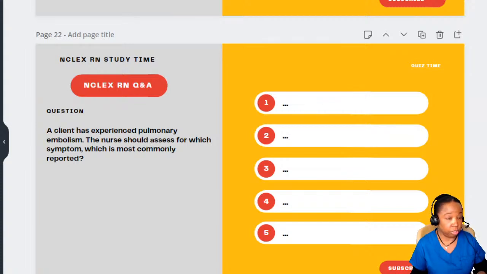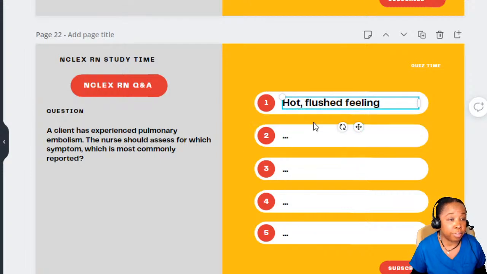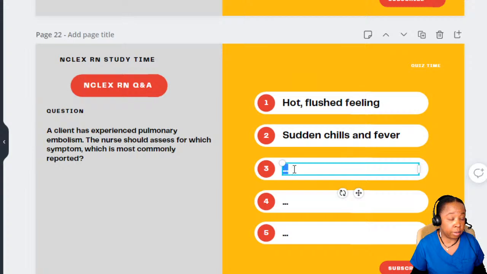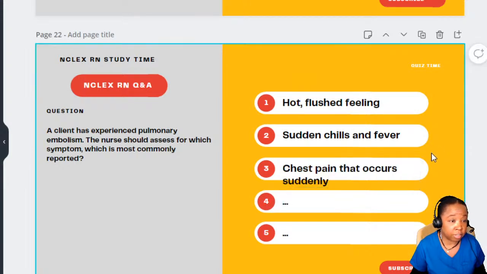Let me put the options right here. This is the first option: hot flushed feeling. The second one is sudden chills and fever. Sudden means something that just happened. The third one is chest pain that occurs suddenly.